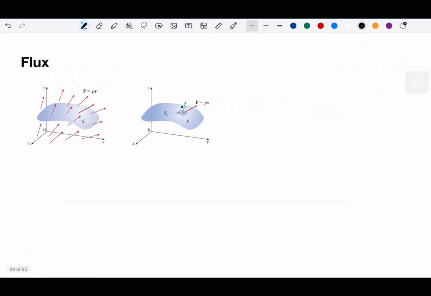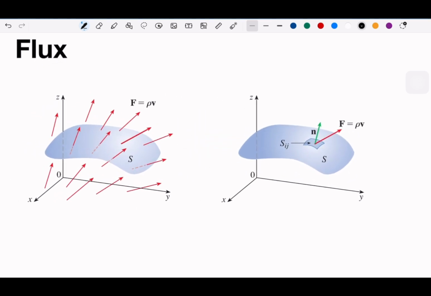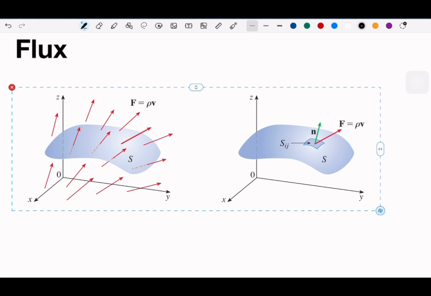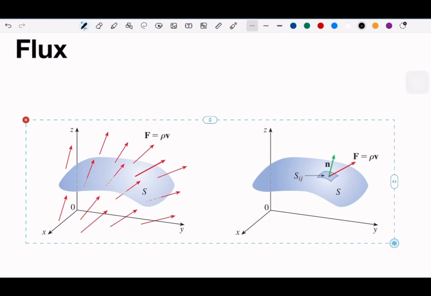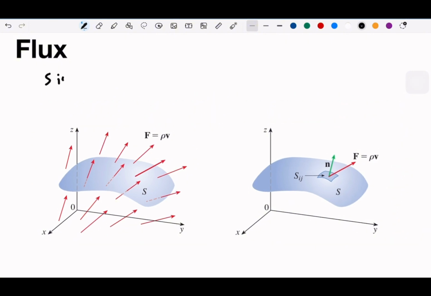Imagine we have the vector field, these red arrows, and then we have S, which is a surface we call an oriented surface with unit normal vector n.